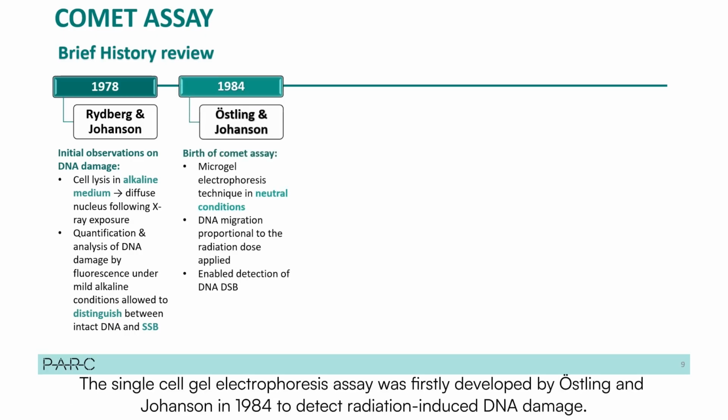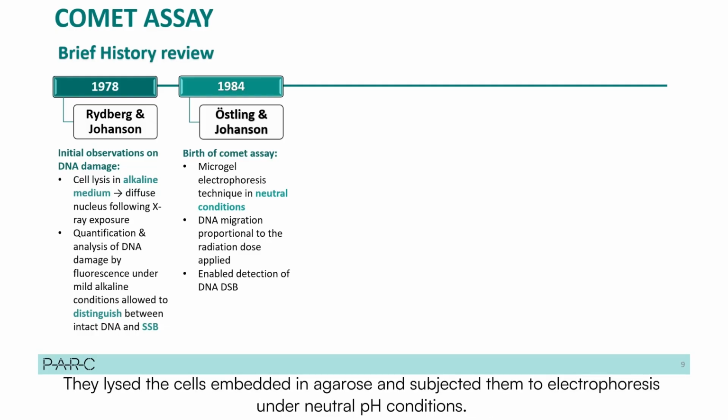The single-cell gel electrophoresis assay was firstly developed by Östling and Johanson in 1984 to detect radiation-induced DNA damage. They lysed the cells embedded in agarose and subjected them to electrophoresis under neutral pH conditions.